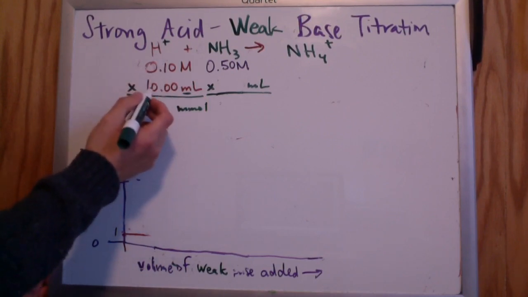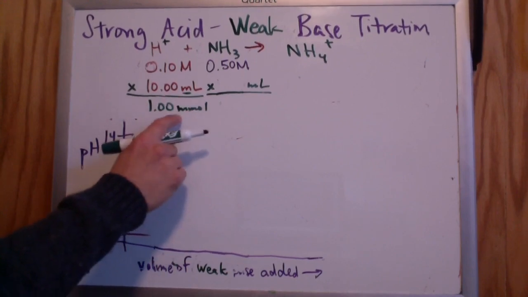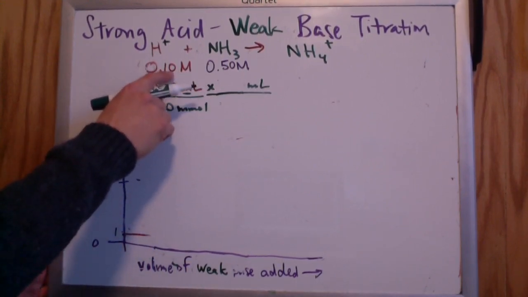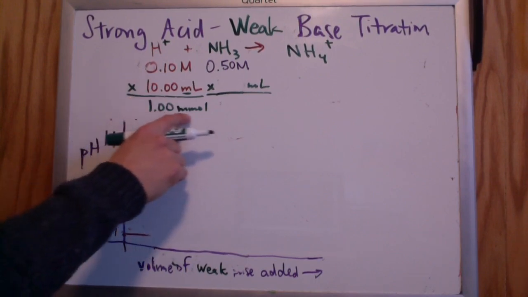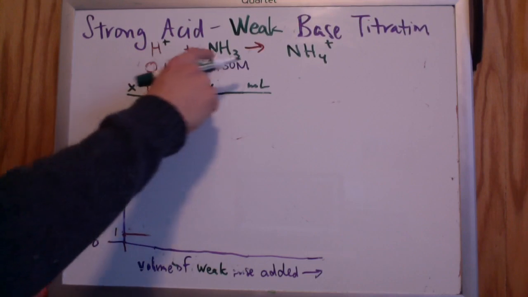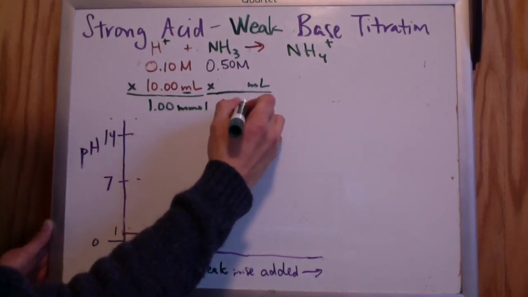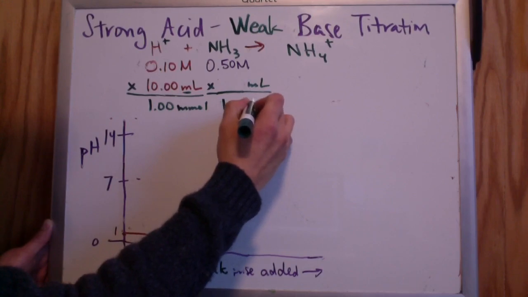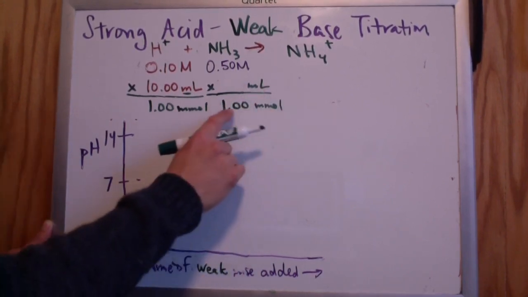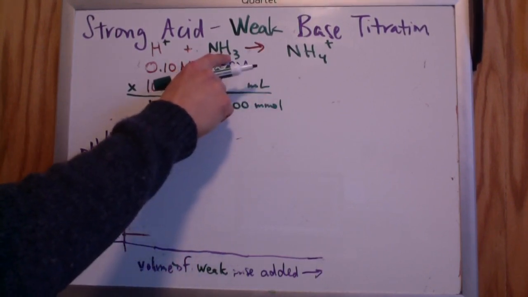So we just multiply the two numbers and we end up with 1.00 millimoles, because 0.1 times 10 is 1.00 millimoles. Now, since the mole ratio is 1-to-1, at the equivalence point the moles should be equal and cancel out. So we should have 1 millimole of the ammonia base that's needed.